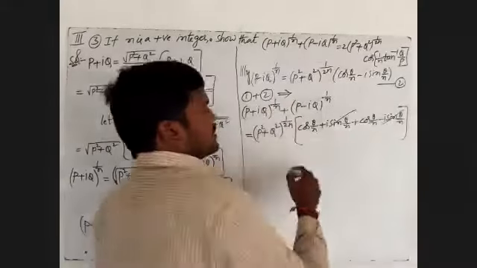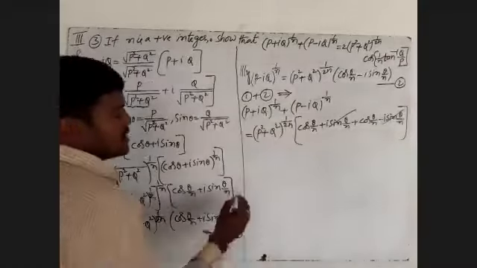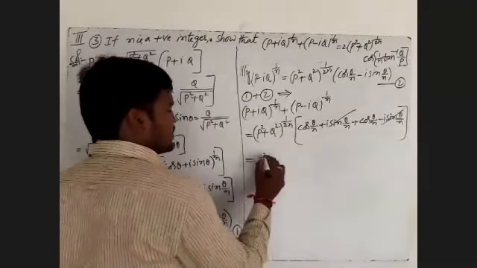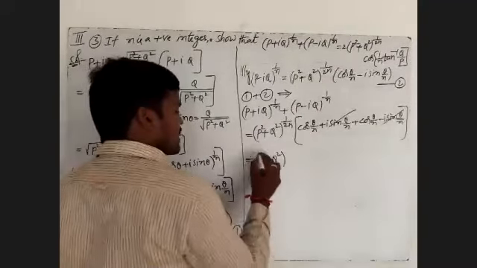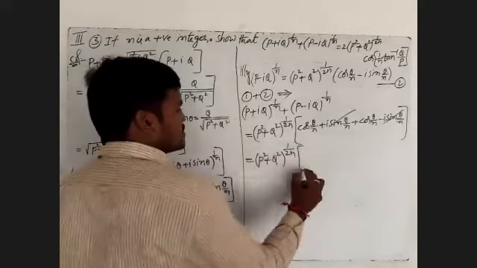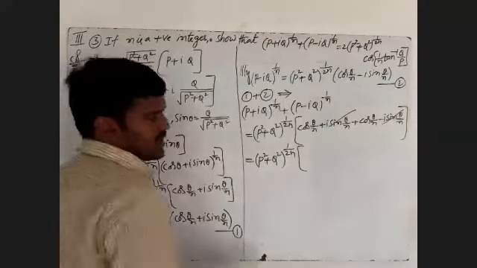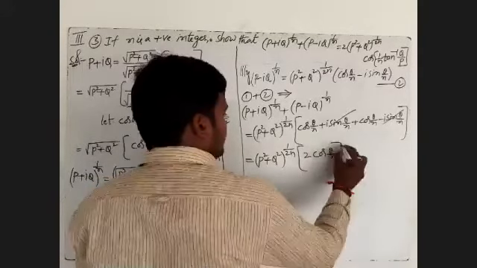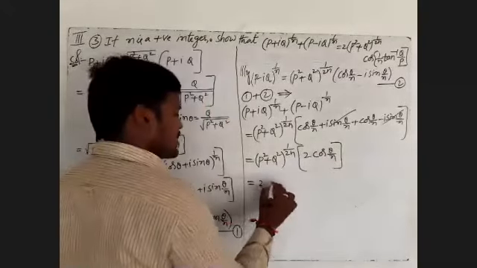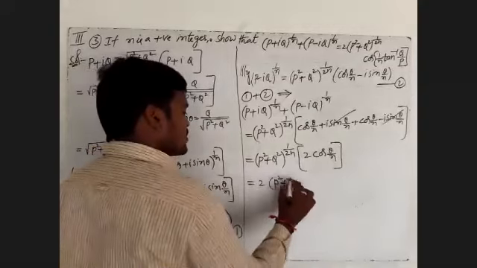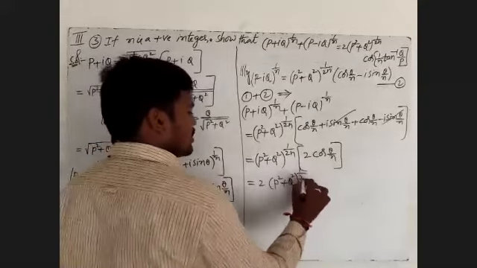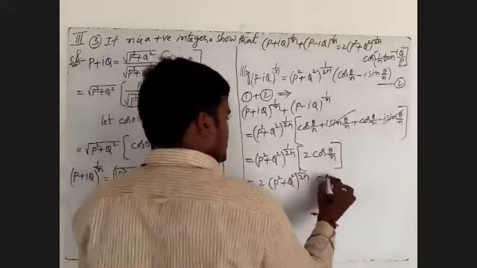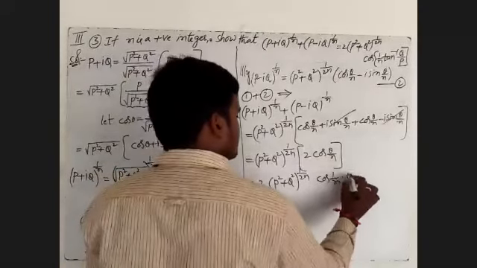The minus and plus values will be cancelled. Remaining we have (p² + q²)^(1/2n) into 2 cos θ/n, so we write 2 (p² + q²)^(1/2n) cos(1/n · θ).